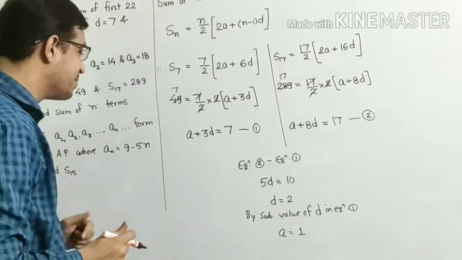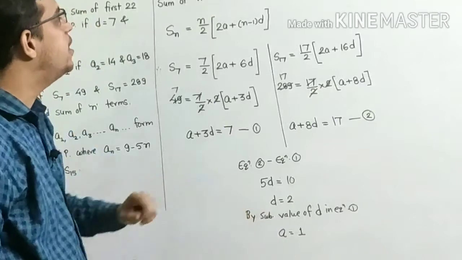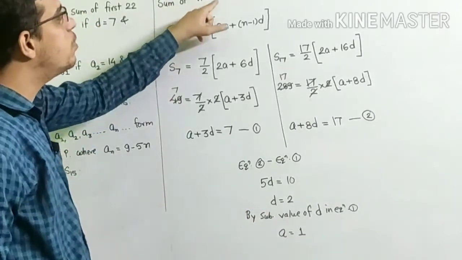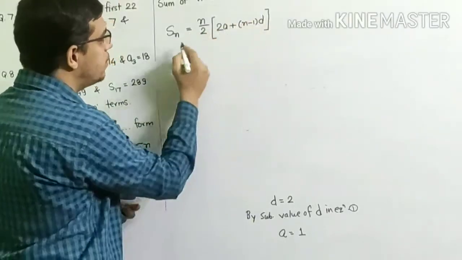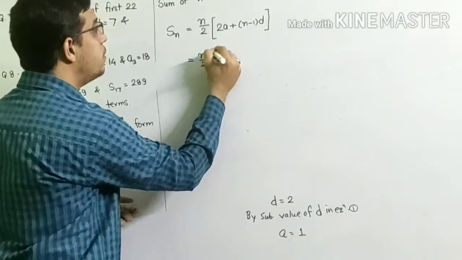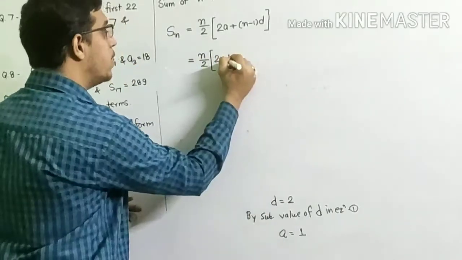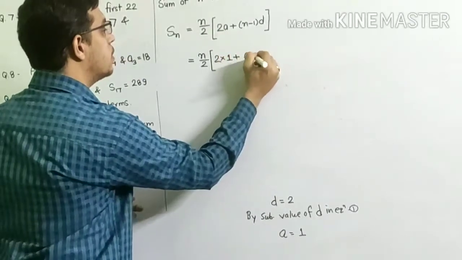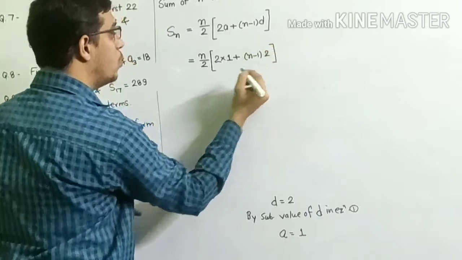Okay, so we got a and we got d. We have to find the sum of n terms. Sum of n terms is this. So we do not have to put a number for n, in place of n it will remain n. So n by 2 into 2 times the value of a which is 1, plus n minus 1 times the value of d which is 2.